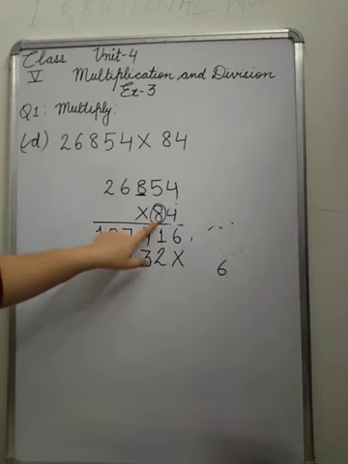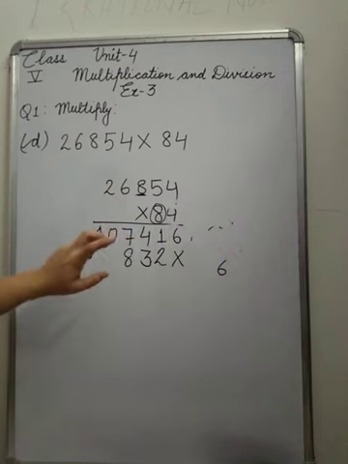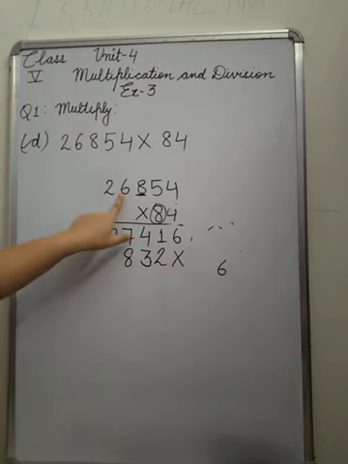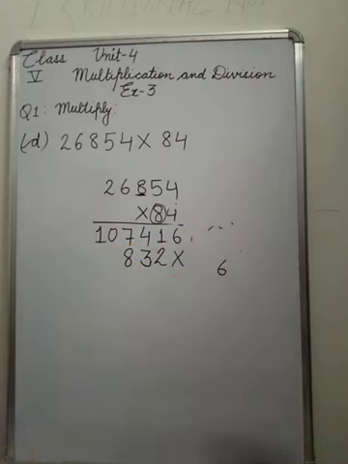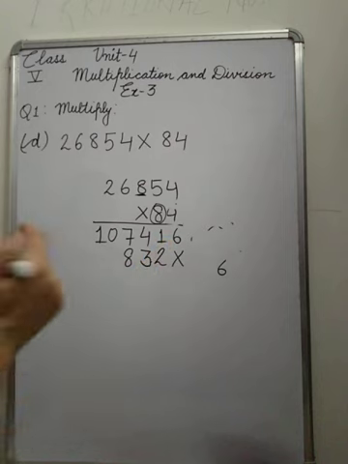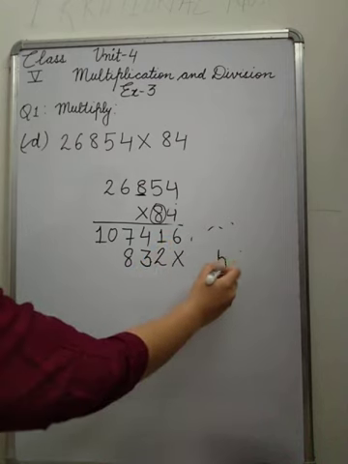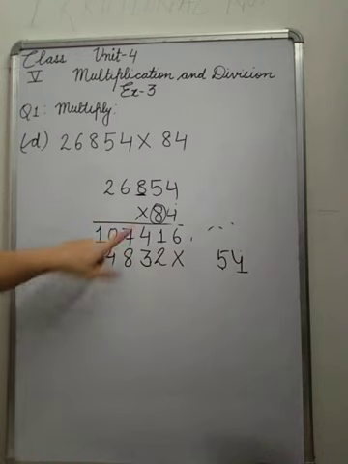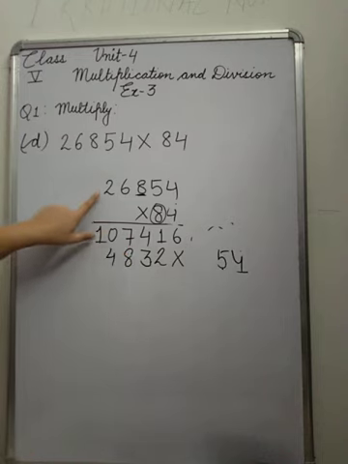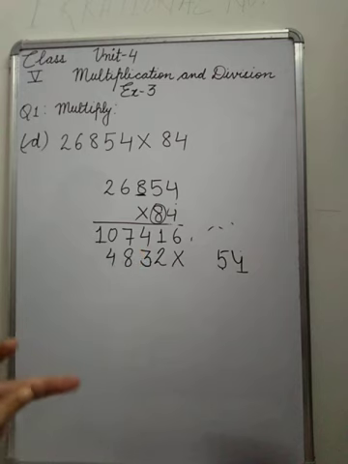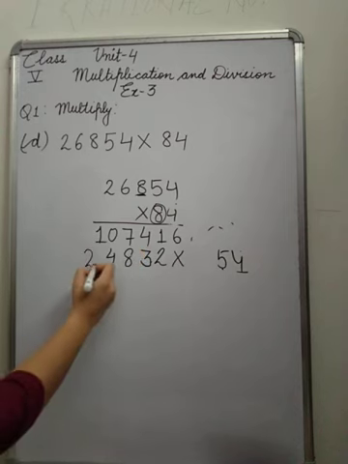Now 8 6s are 48, 48 plus 6 is 54. 4 will come here and 5 is carry. 8 2s are 16, 16 plus 5 is 21. So place that 21 here.